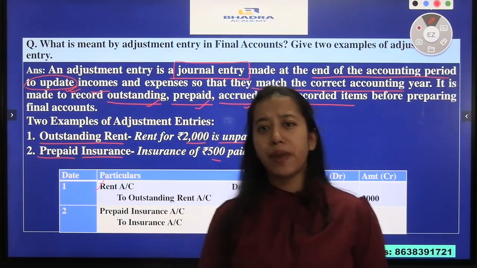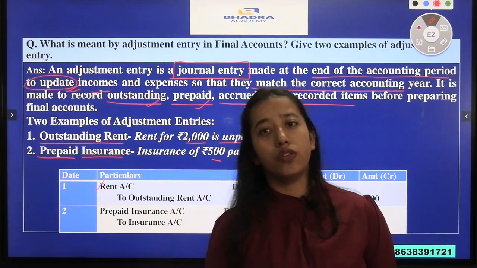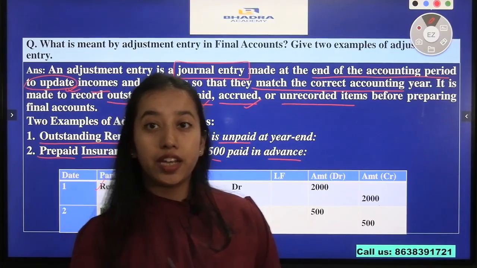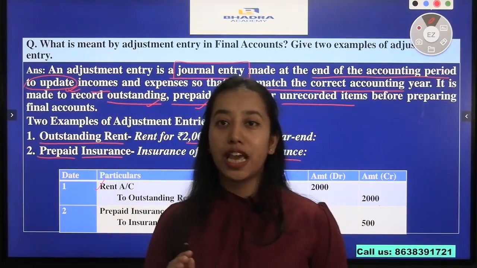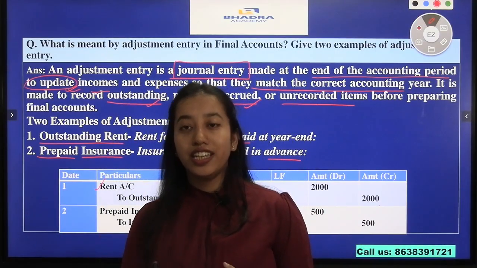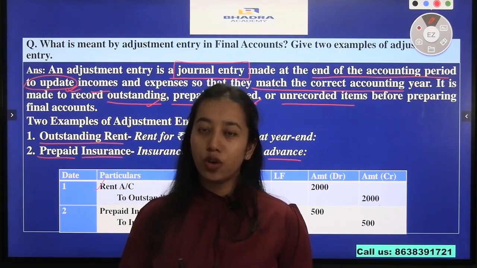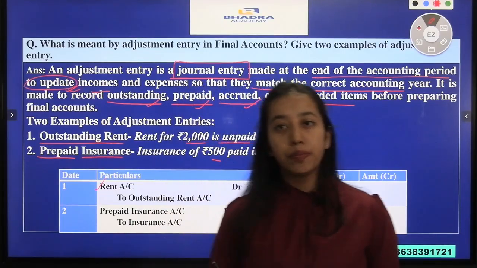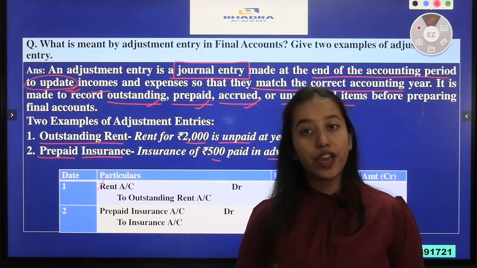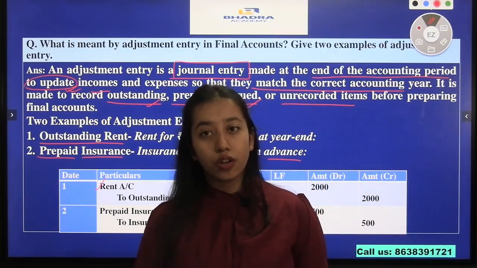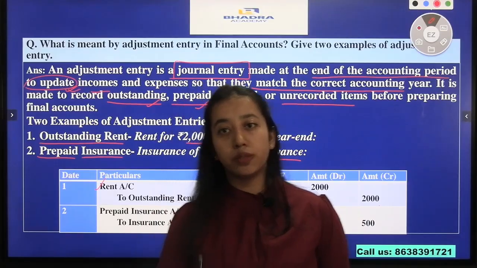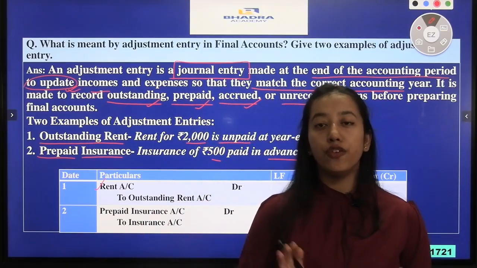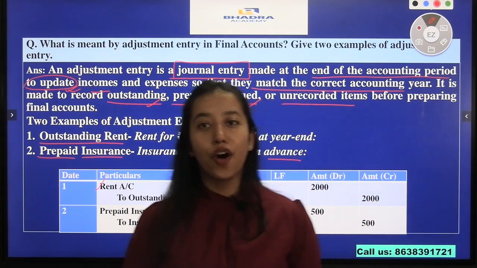And when we prepare a profit and loss account or final accounts, if there are adjustment entries in the question, we will always have to record them in 2 places. Why so? Because we follow the double entry system. Whenever in preparing final accounts we have adjustment entries, always remember those adjustment entries will go to 2 places, because we follow the double entry system of accounting.